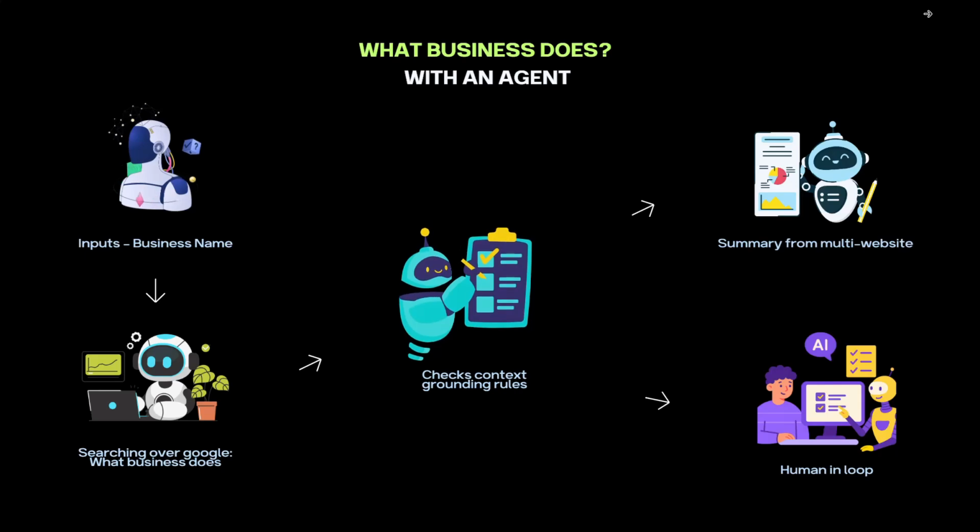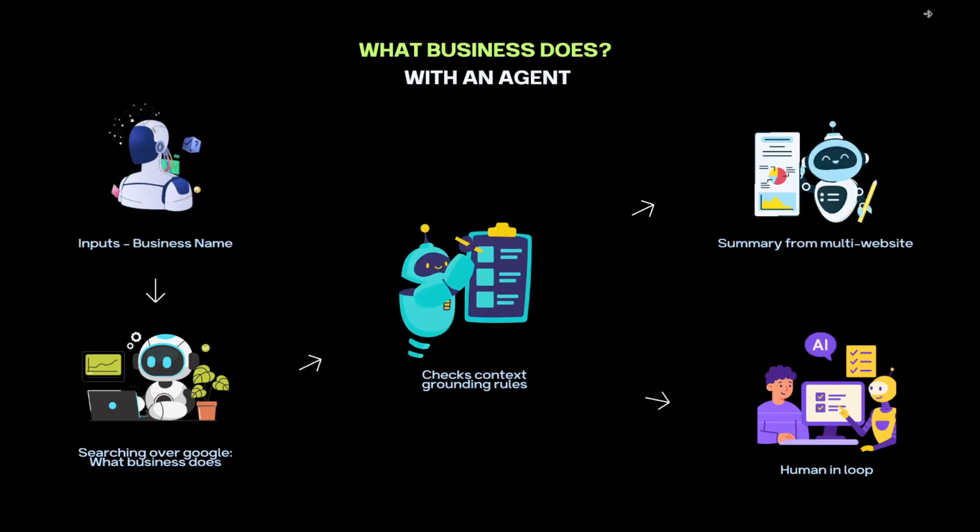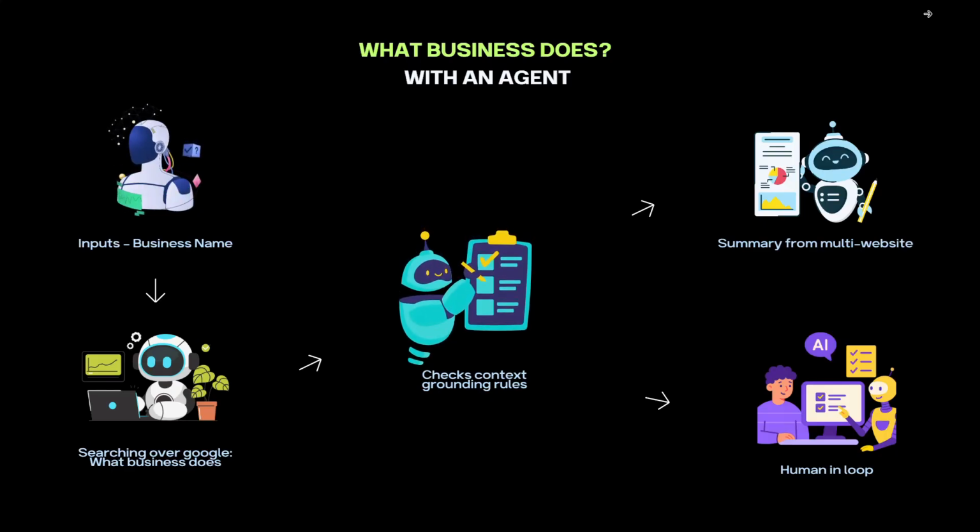In this demo, we are going to see the first condition: if the industry is excluded, it should respond that this business or entity is excluded as per the business rules policy. In the next demo, we will see how to call human in the loop and process that business or entity under some conditions.